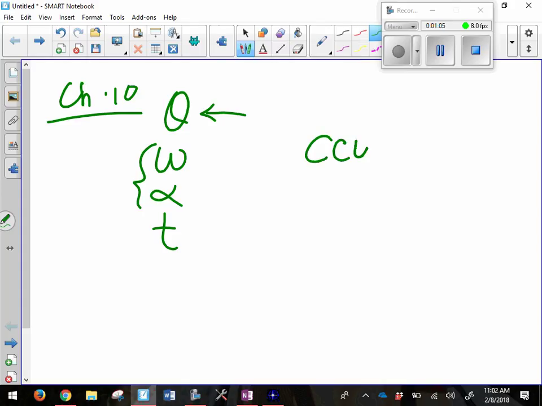We talked about how quantities that move counterclockwise are positive and quantities that move clockwise are negative. This is one situation where you don't get to choose. Okay, they are what they are. We also talked about the three formulas that relate all of those things to each other.